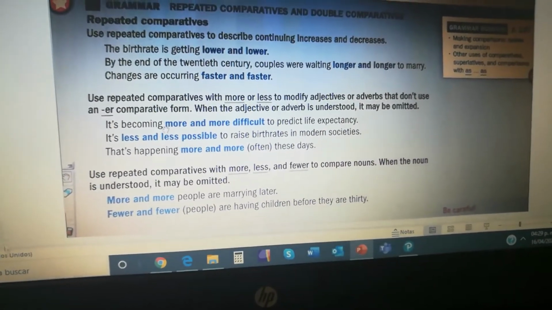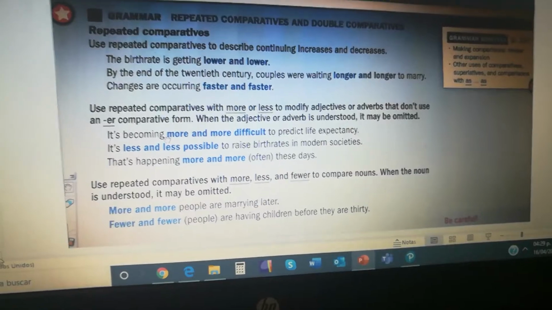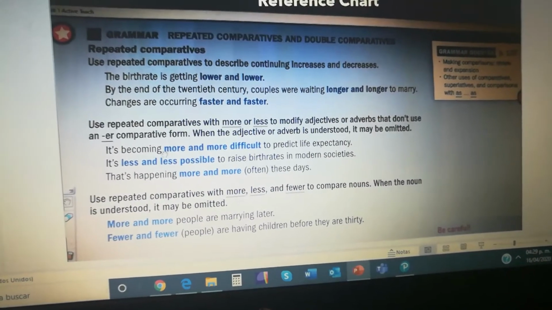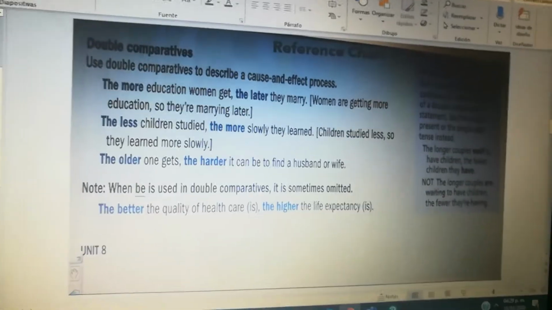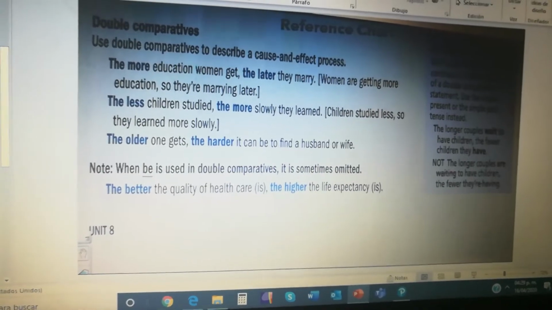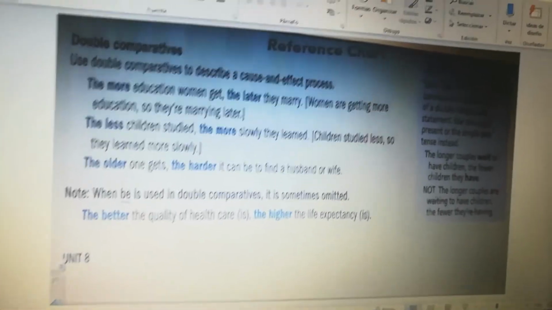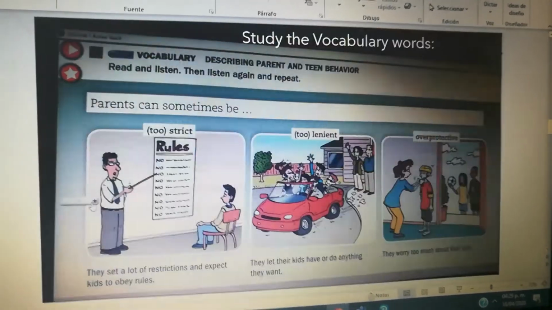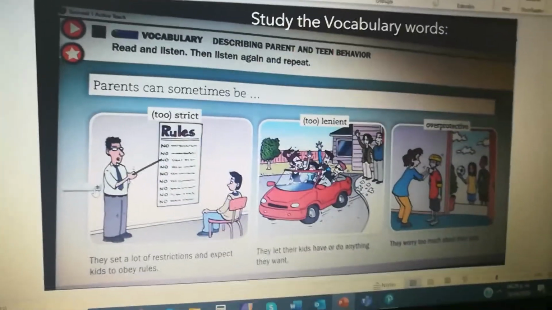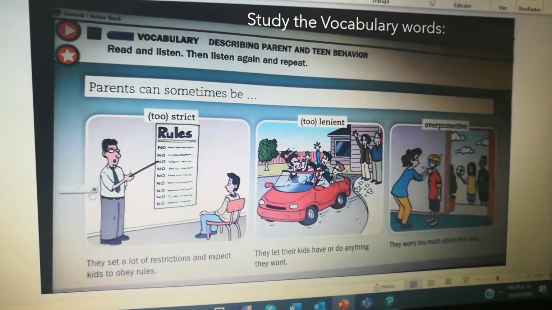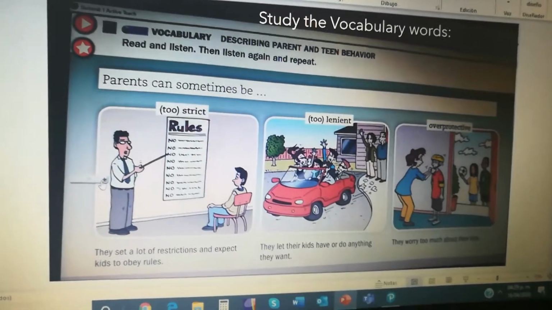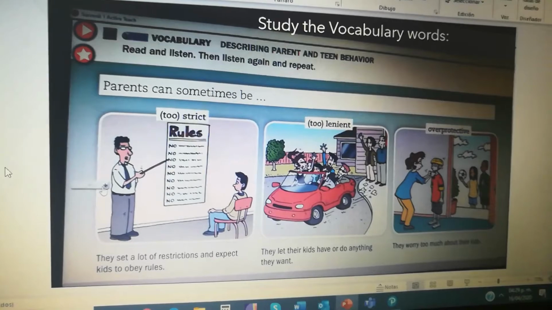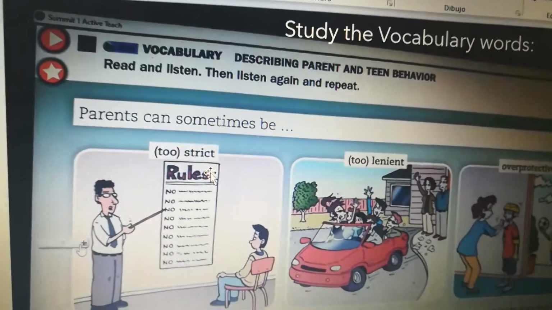Then you have more slides. For example, this is the continuation of this slide, the continued reference charts and the explanation about grammar. Then you have vocabulary words, okay? For example, describing parent and teen behavior.